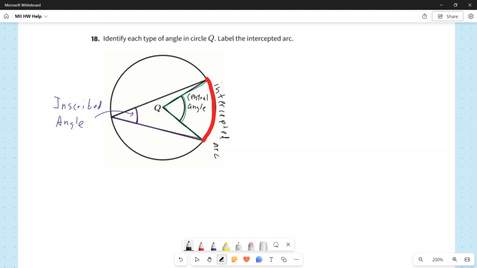Well, if my handwriting couldn't get any worse, it gets worse when I'm writing vertically. So there you have it. But that piece of the circle is called the intercepted arc. And just as a little sneak peek here, notice that the inscribed angle and the central angle happen to intercept the same intercepted arc, which is going to be important later on.